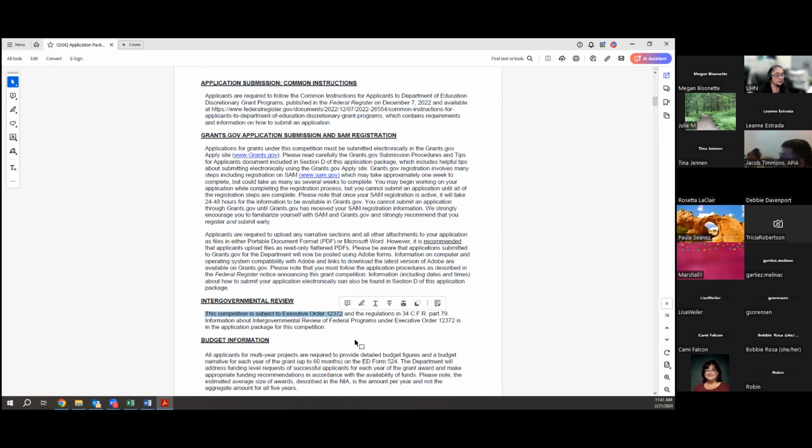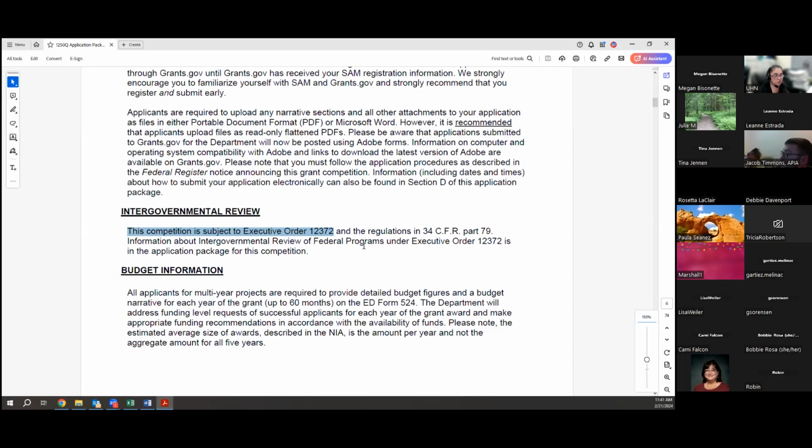But when you actually get into the application, section B4, application and submission information, number 2 states that the competition is not subject to that executive order. And why this is significant is you have to indicate whether or not this applies in the SF 424.